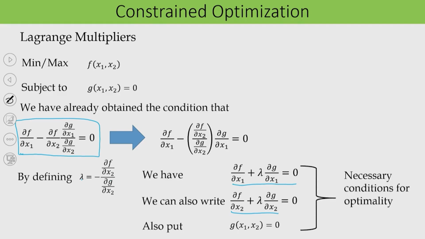The necessary conditions for optimality are del f by del x1 plus lambda del g by del x1 equal to 0, del f by del x2 plus lambda del g by del x2 equal to 0, and g of x1, x2 equal to 0. If I solve these three equations, there are three variables here, that is x1, x2 and lambda, and I have three equations.